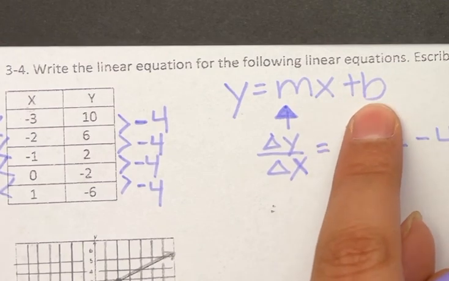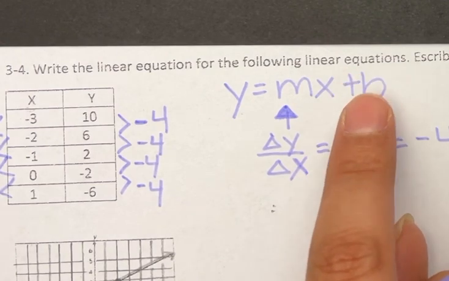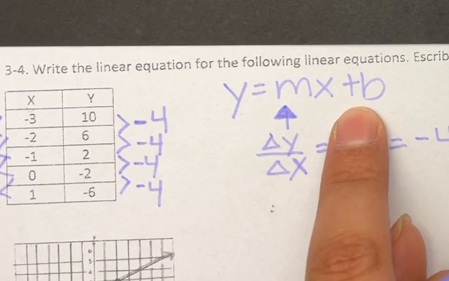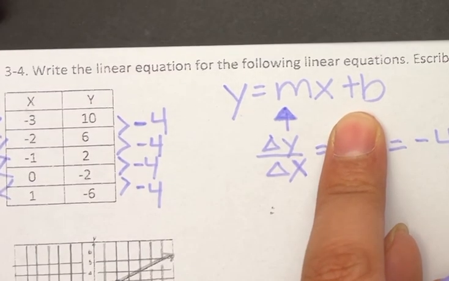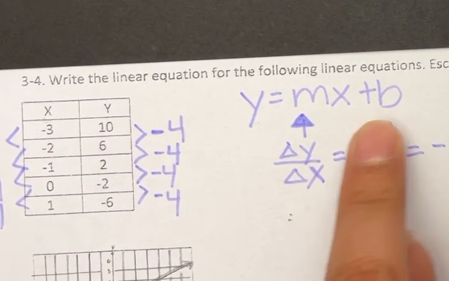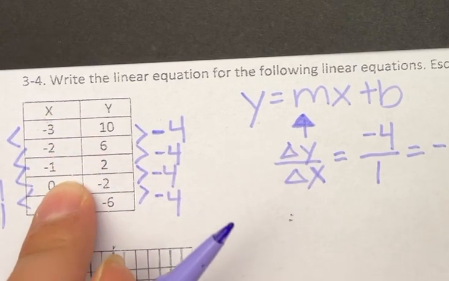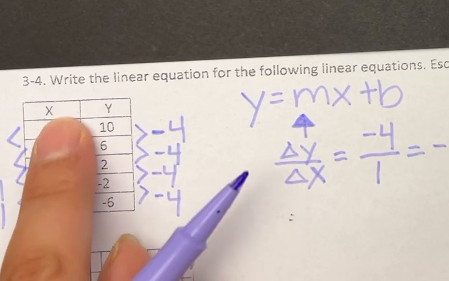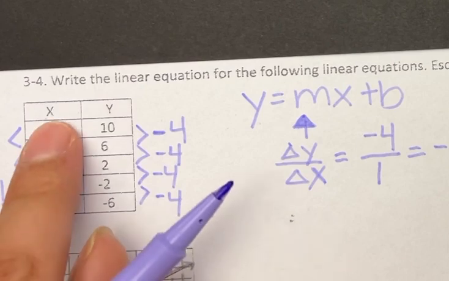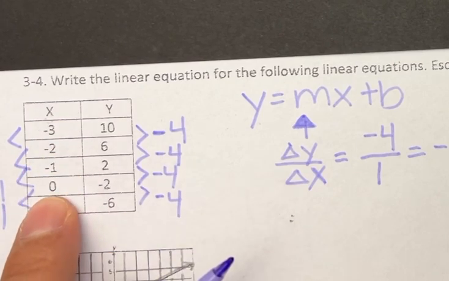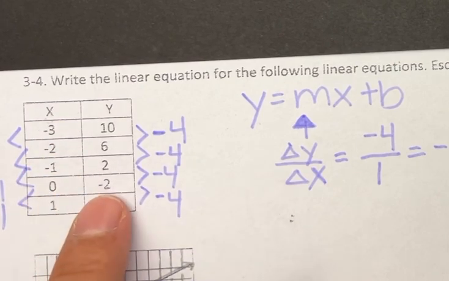A lot of people were putting 1 or negative 1. I don't know where you guys got that from. But remember, in a table, you had to look at your X values first, or your inputs. Where is 0? There is 0. So across from it, your Y value will be your Y intercept.